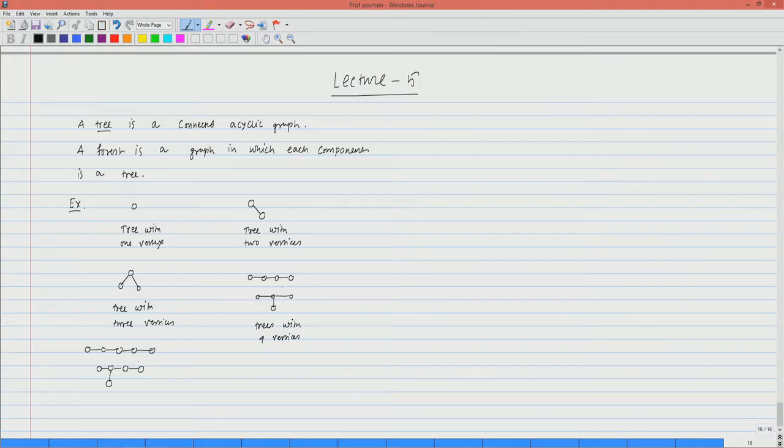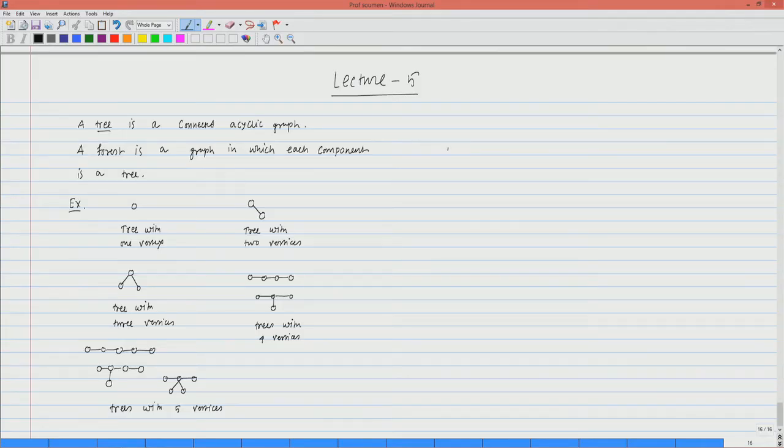They are not isomorphic. So, these two trees are not isomorphic, and so these are all trees with 5 vertices. Okay.